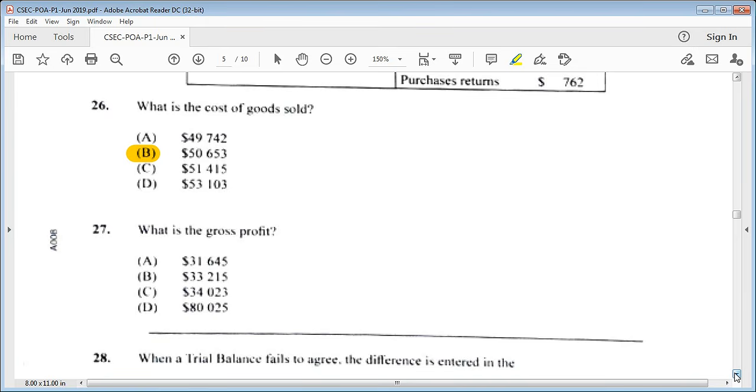After we get our cost of goods sold, we deduct that from our sales that we have got, $82,298. So deduct 50,653 from 82,298, our sales figure, we get 31,645. So A would be our answer.